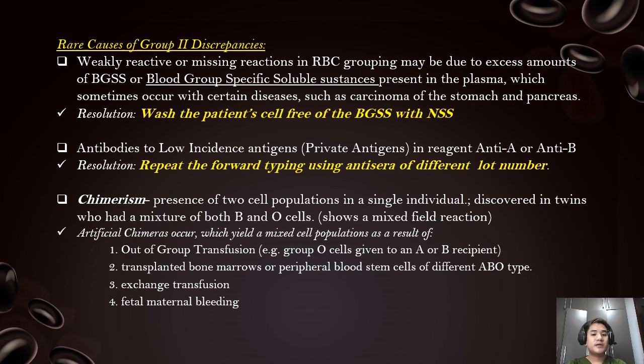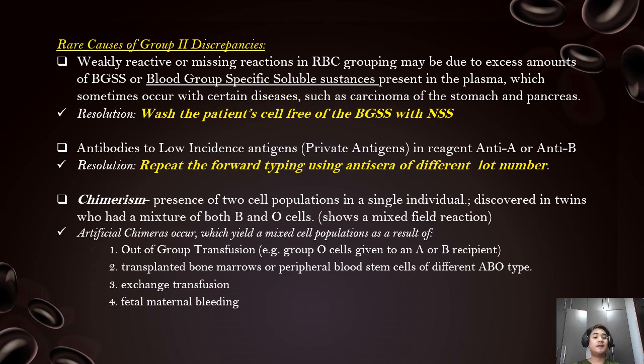In this particular condition, the disease will initiate the production of high concentrations of the BGSS, or blood group specific soluble substances, which may partially or completely neutralize the reagent anti-sera used for the ABO grouping.